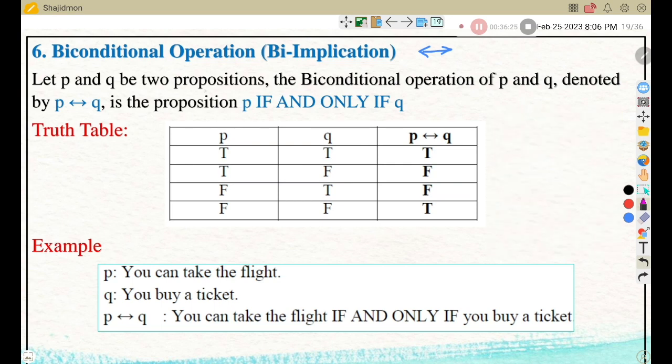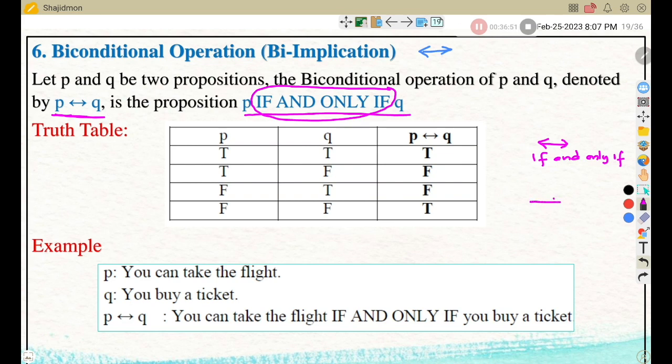P and Q are two propositions. The biconditional operation of P and Q, denoted by the double arrow, is the proposition P if and only if Q. This double arrow means if and only if.